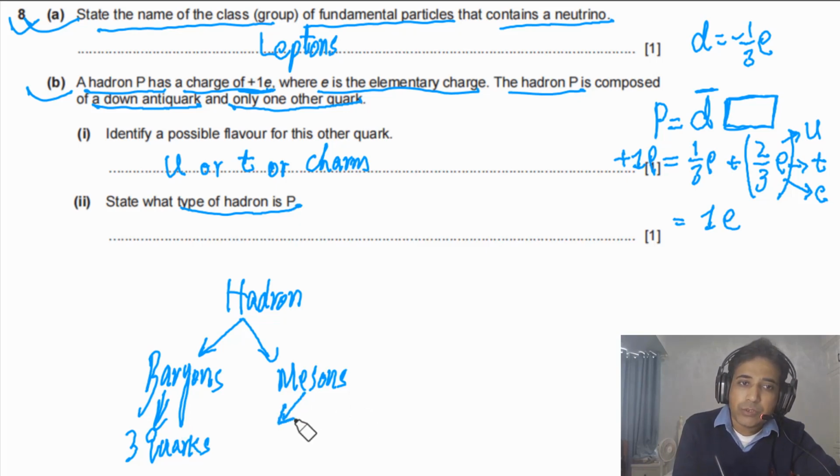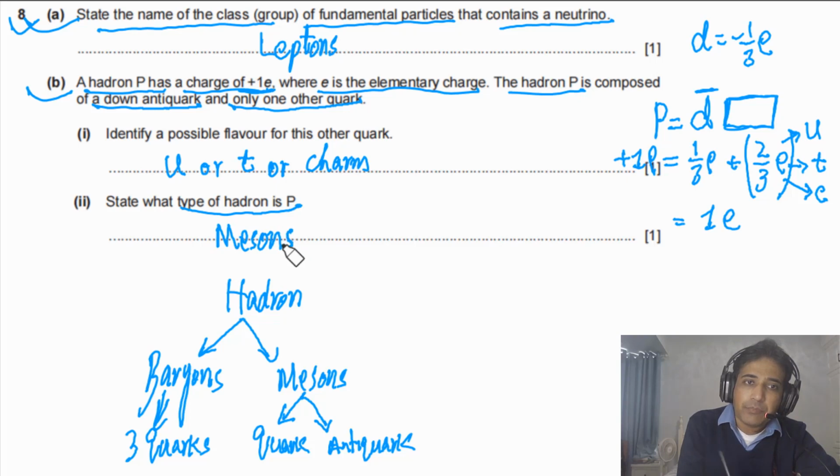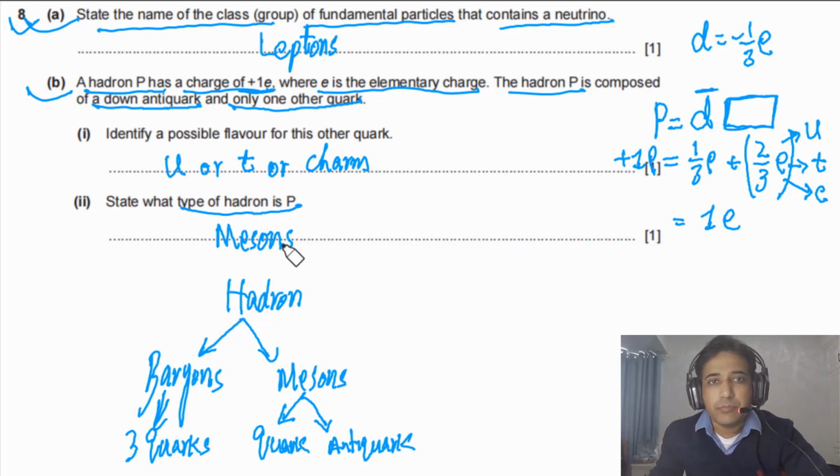And mesons, they consist of a quark and an antiquark. They consist of only 2 particles. As in this case, we have only 2 quarks. It means that this belongs to the mesons family. So this is a meson.